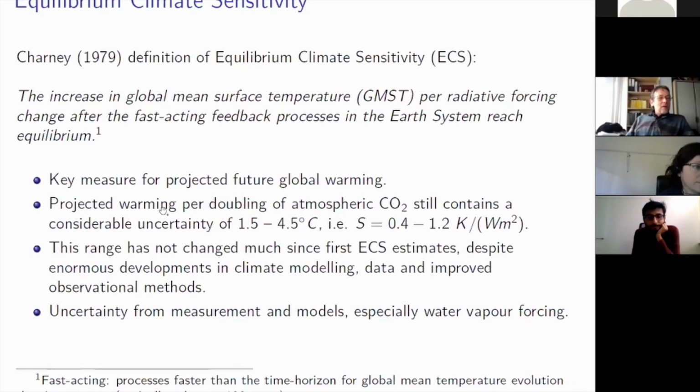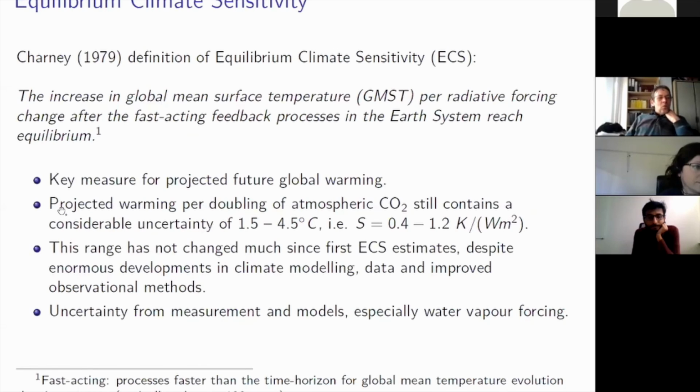And here's the Charney 1979 definition: it's the increase in global mean surface temperature due to fast-acting feedback processes reaching equilibrium. So if we change the atmospheric CO2, there will be some lag in how the climate system responds. But if we assume that that lag has occurred, then what level of warming do we get?